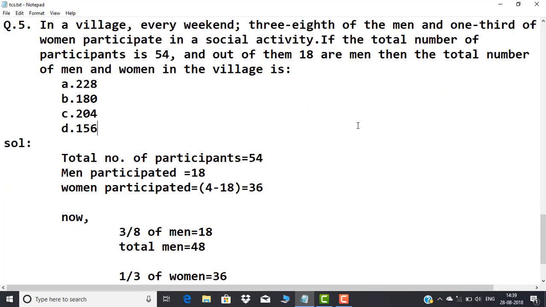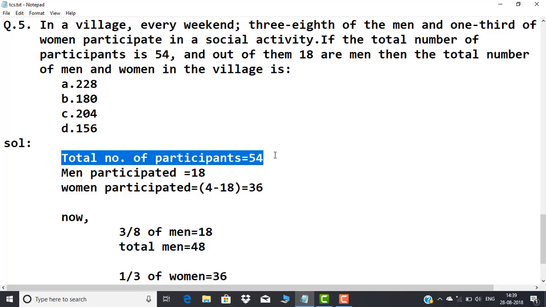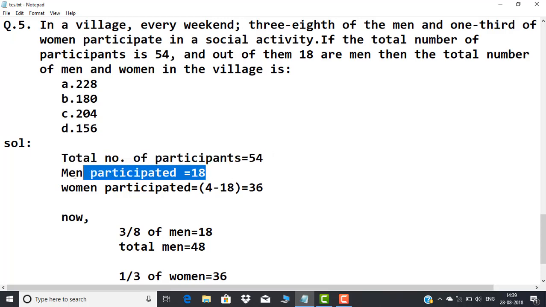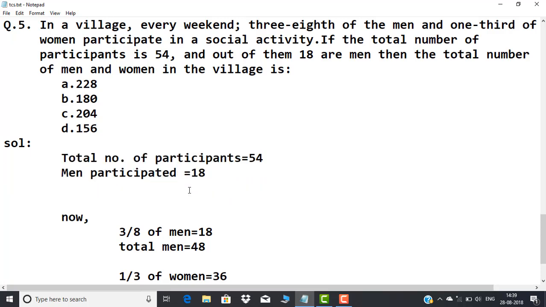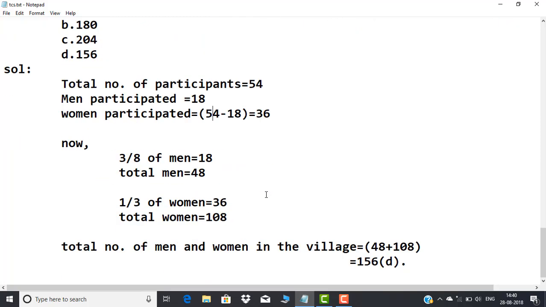It's very simple, just see. The total number of participants given is 54, and it is also given that the male participants were 18. So we can calculate the women participants: total participants minus male participants, which is 54 minus 18, that is 36.